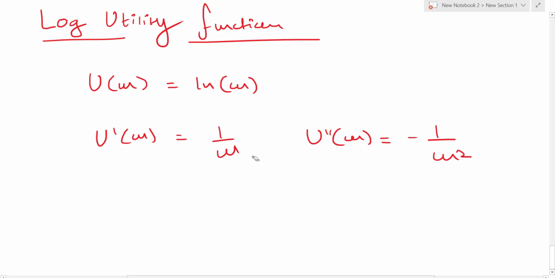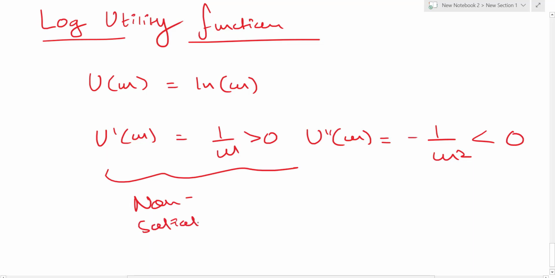Does this satisfy non-satiation? Yes, because u dash w is greater than 0. Does this satisfy risk aversion? Yes, because this is negative, because wealth will always be positive, right? So that makes it a valid utility function.